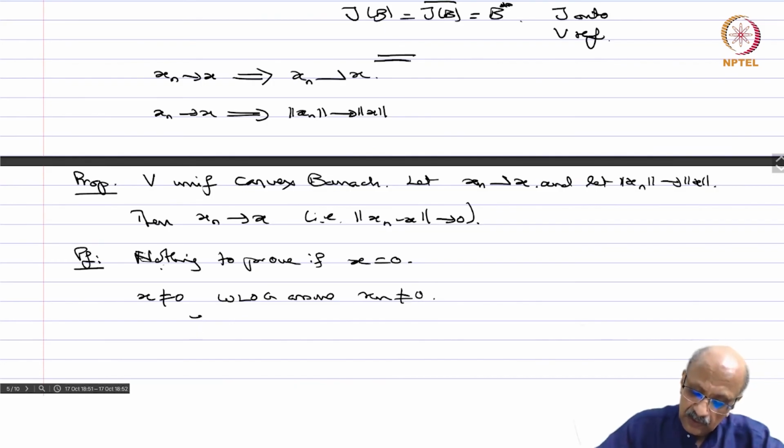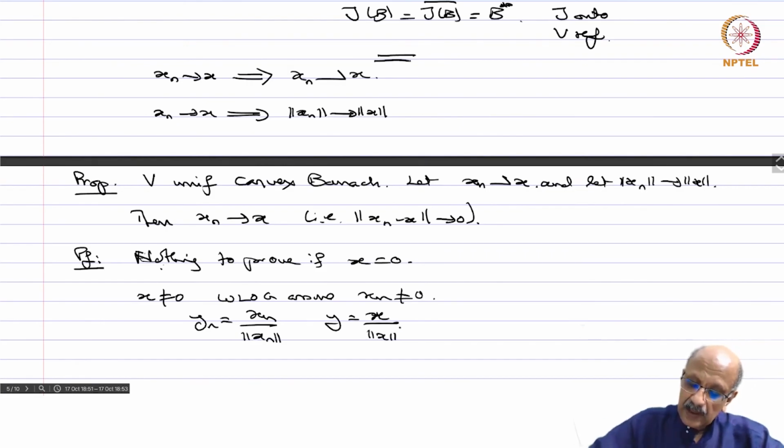Okay, so now you define yn equals xn by norm xn, and y equals x by norm x. Now norm xn converges to norm x, and xn goes to x weakly.